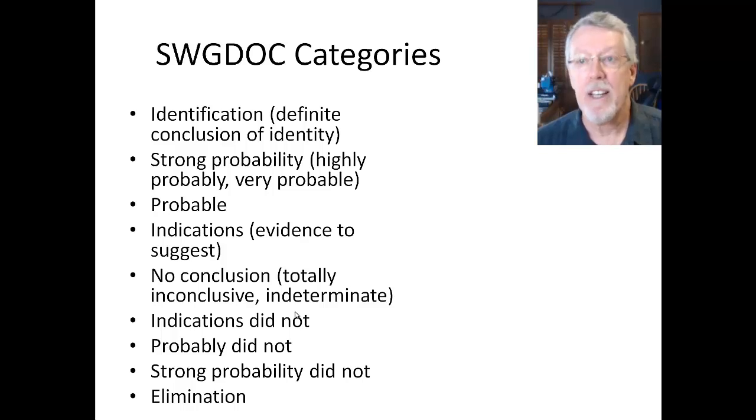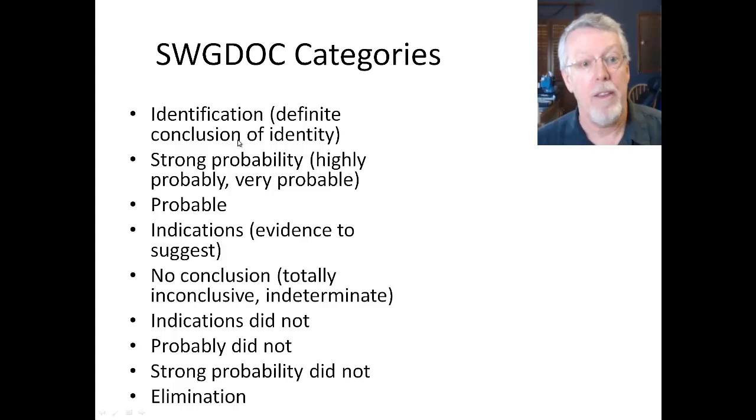If the examiner thinks that the observed results are very likely if from the same source and extremely unlikely with a different source, they can report an identification. Say, I'm convinced. It passes my threshold of decision, and I will report that they have the same source.